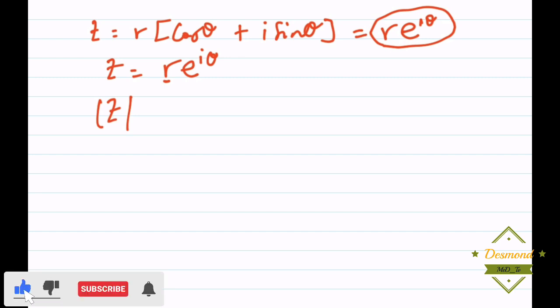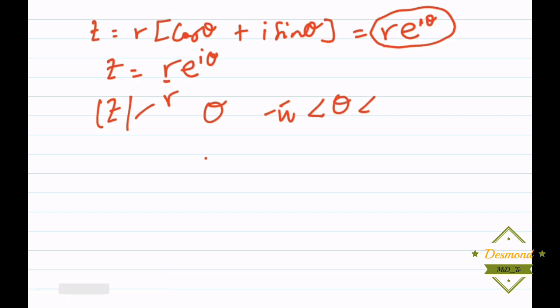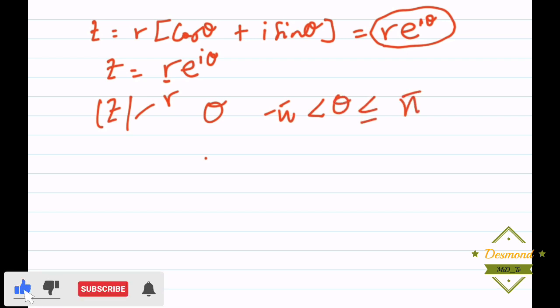So with that, the angle lies between negative pi less than theta less than or equal to pi. But since rotation by theta is the same, we can also present it as 2n pi + theta, where n is any integer at all.